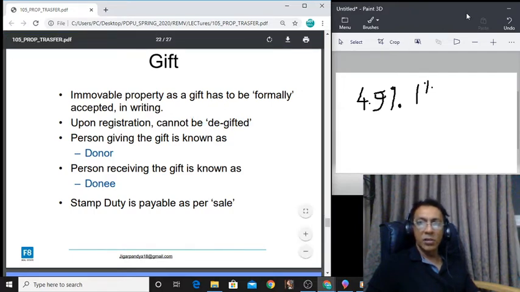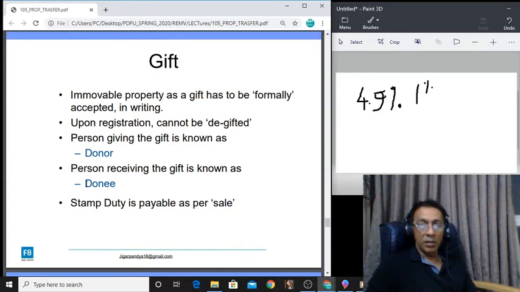What are the situations in which a person may give a property as a gift? Well, there could be income tax implications. There could be a situation where the person who is receiving a gift may not have money to pay for that property, or may have just cash to pay, and may not have a single rupee in the cheque amount to pay.